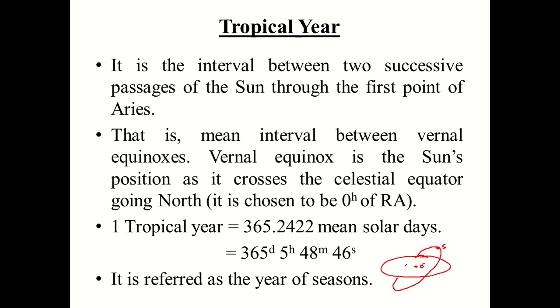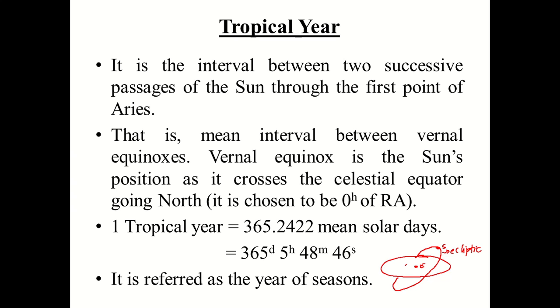The orbit of the Sun is called the ecliptic. So this is the ecliptic of the Sun around the Earth. Ecliptic means the relative path of the Sun around the Earth, the locus of points which is traced by the Sun in the celestial sphere.